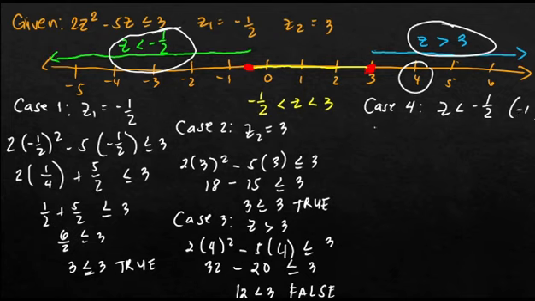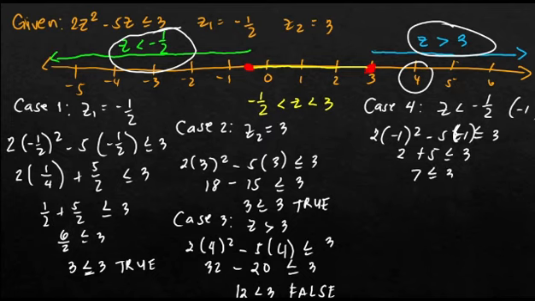So, that is 2 times negative 1 squared minus 5z less than or equal to 3. Negative 1 squared is 1 times 2 is positive 2. Ito rin pala ay negative 1. Negative 5 times negative 1 is positive 5 less than or equal to 3. 2 plus 5 is 7 less than or equal to 3. So this is also a false statement.